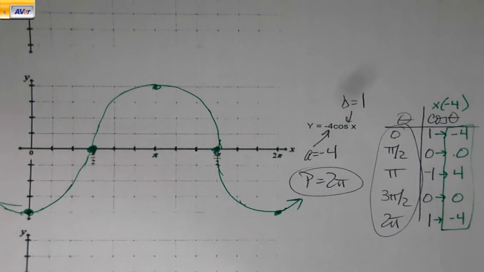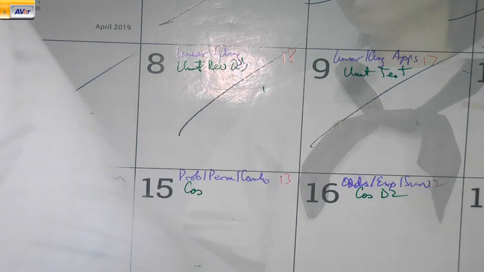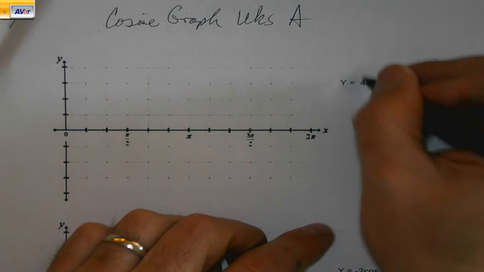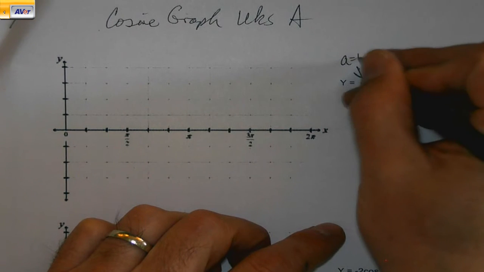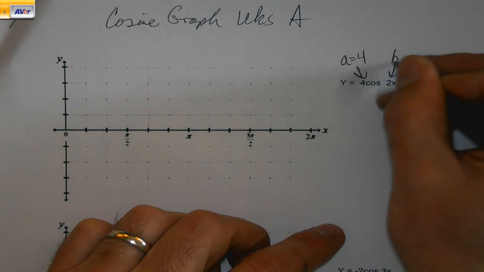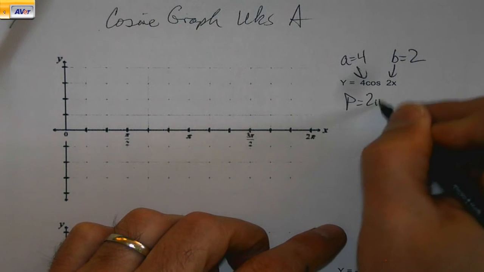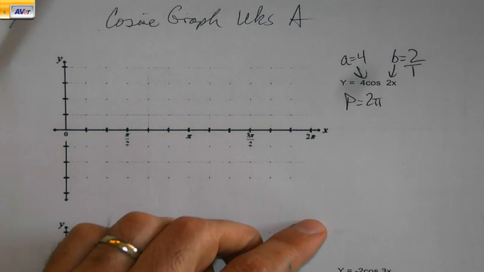And now we'll do one more where we kind of hit everything. So, we'll just go back up to the top here. We'll do the first one. Then I will get out the way. So this time, we have an a change. We have a b change. B is 2 over 1.